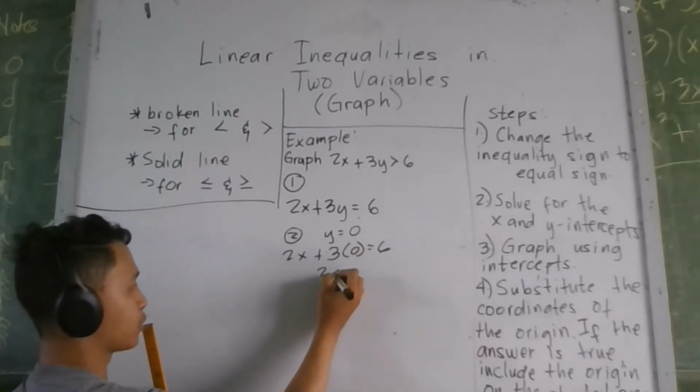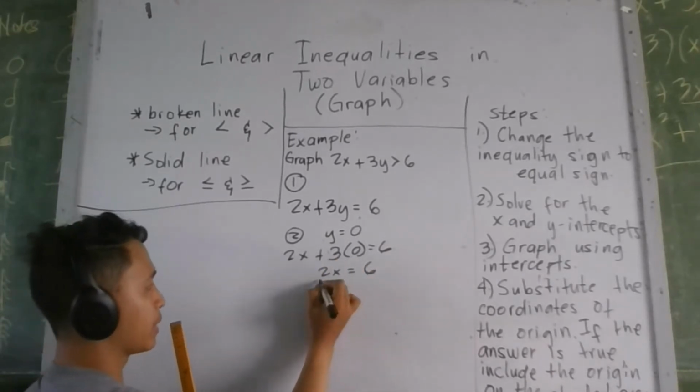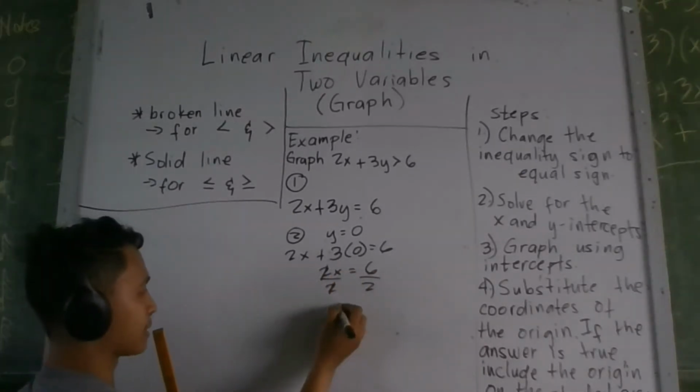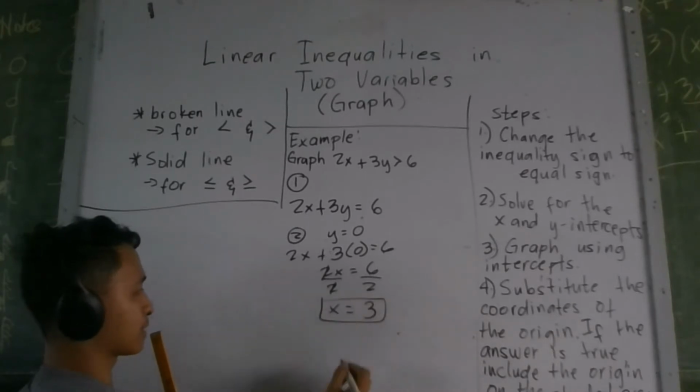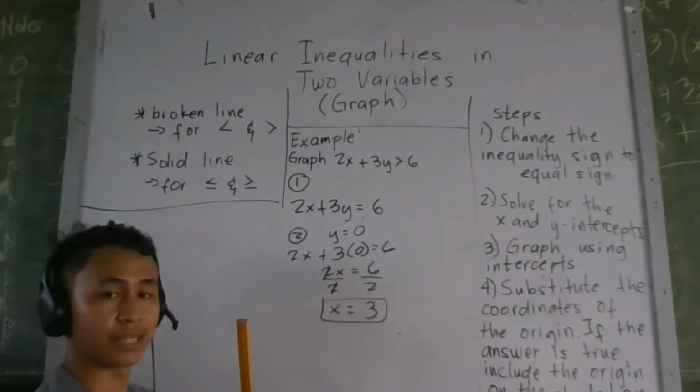So therefore, that is 2x is equal to 6 because 3 times 0 is 0. Divide both sides by 2. What's left is x, and that is equal to 3. Okay? So therefore, x is equal to 3, or the coordinate is 3, 0.